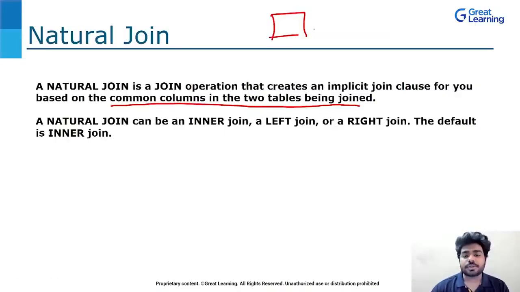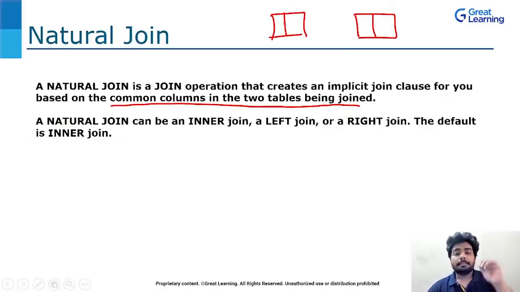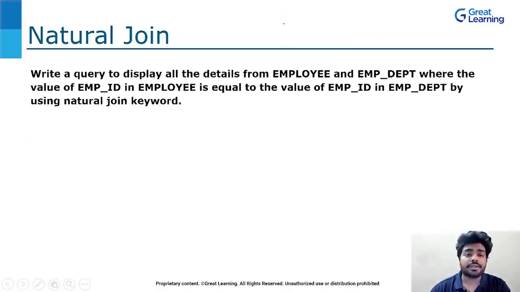There are two tables, and one column is common. In inner join, the common column comes duplicated, twice. Remember I showed you that the emp id column was coming twice in the resulting table? But in natural join, that doesn't happen.